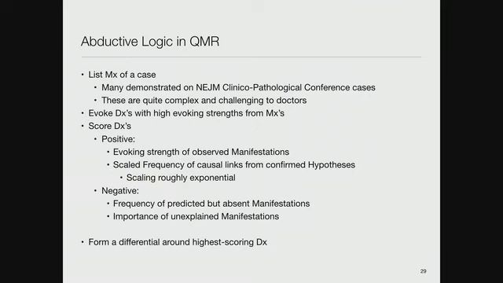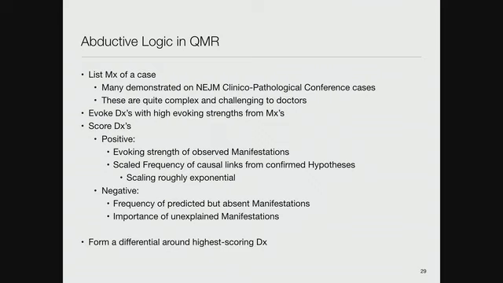So it's an opportunity to watch people reason interactively about these things. And so you evoke the diagnoses that have a high evoking strength from the given manifestations, and then you do a scoring calculation based on those numbers. The details of this are probably all wrong, but that's the way they went about it. And then you form a differential around the highest scoring diagnosis.